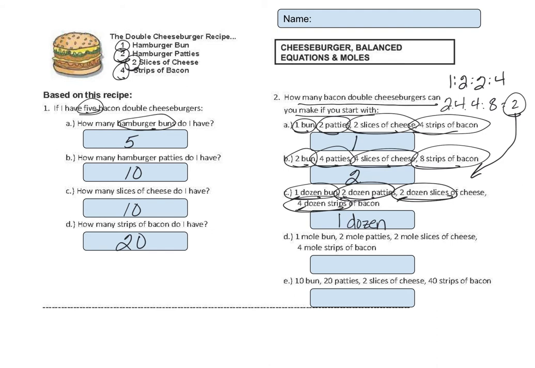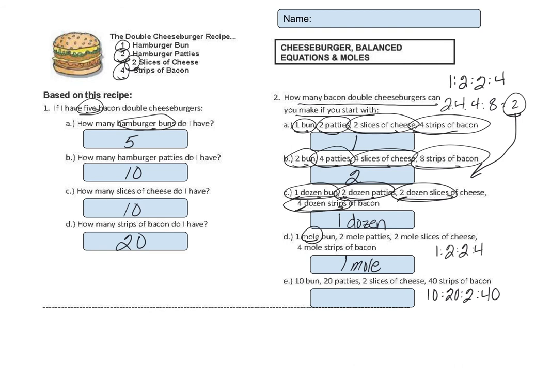What if I had 1 mole of buns, 2 moles of patties, 2 moles of cheese, and 4 moles of strips of bacon? All I did was change the unit, so that means that I could make 1 mole of burgers. What if I had 10 to 20 to 2 to 40?